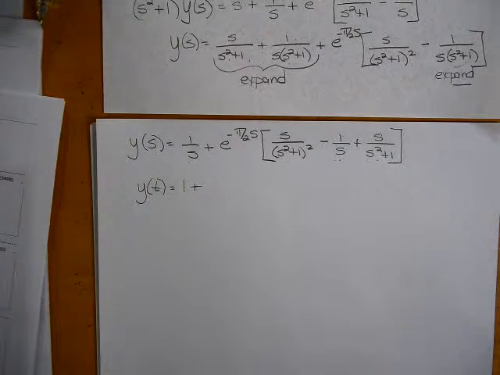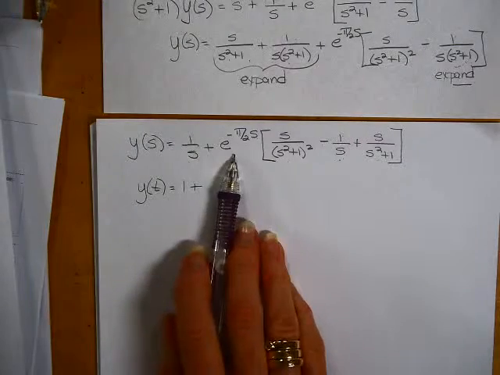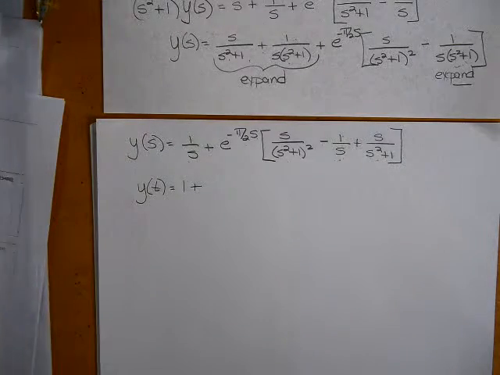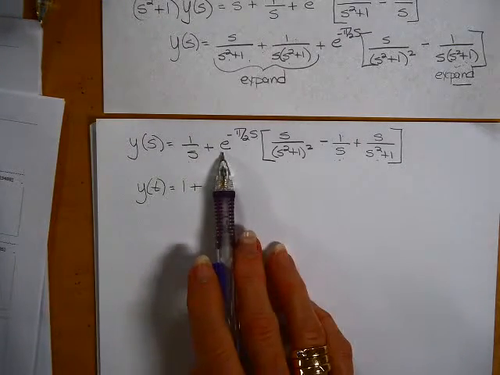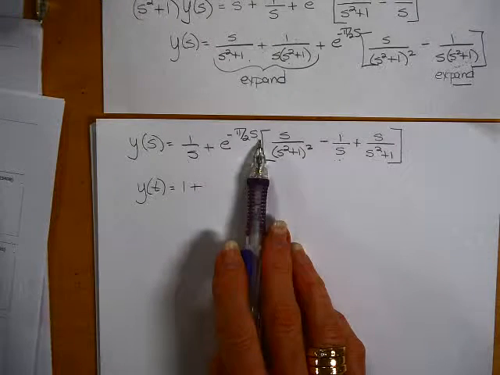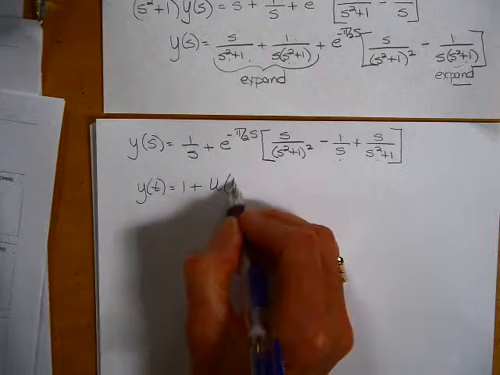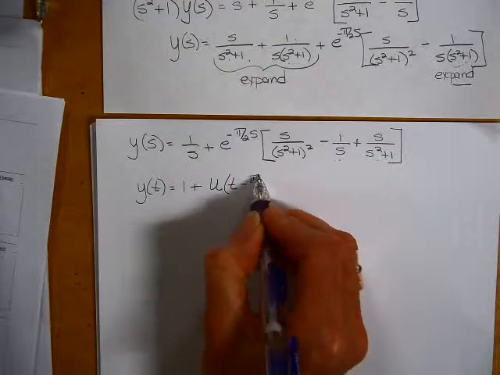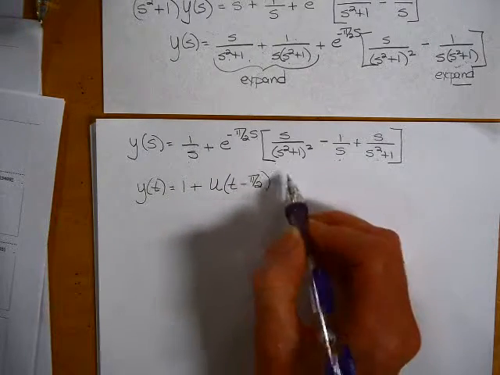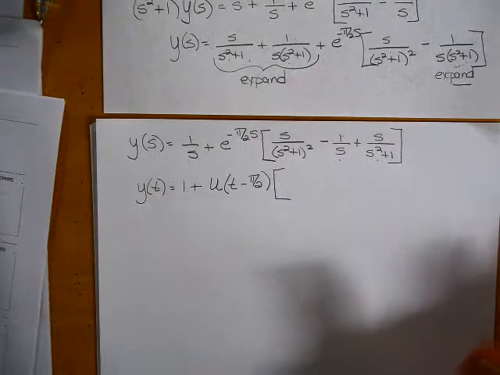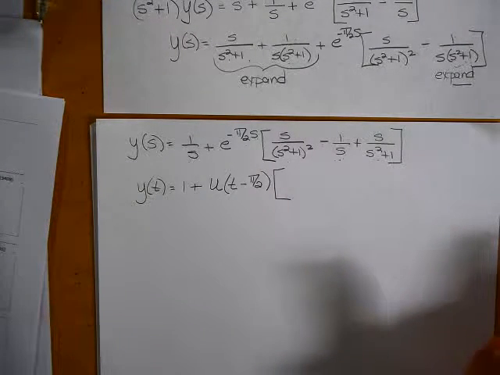When you have e to a power, this is the unit step function. So I'm going to write it in front, which is not really what I'm supposed to do, but I'm going to write it in front so I don't lose it, because everything behind it's got to be shifted or multiplied by my step function. So I've got that.